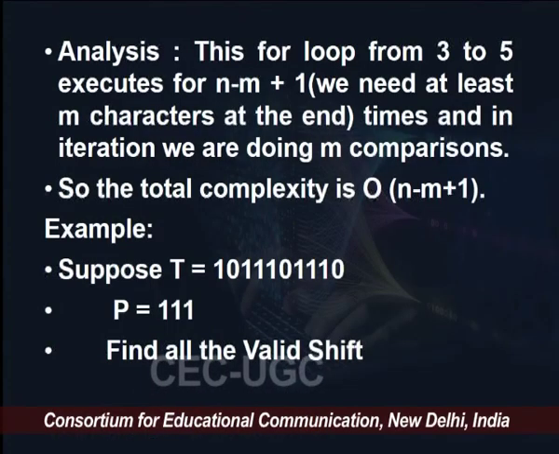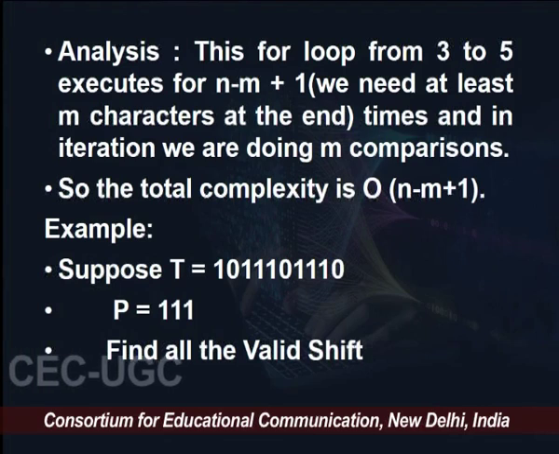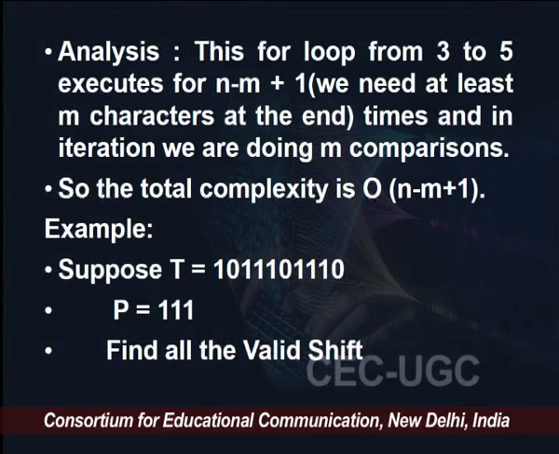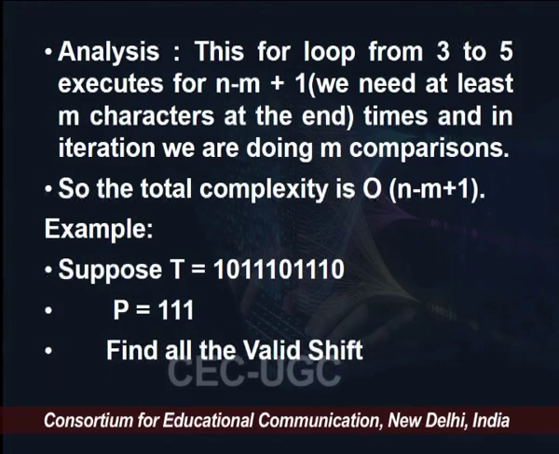So, let us say we have an example in which our text is 1 0 1 1 1 0 1 1 1 0, and the pattern is 1 1 1, and the task is to find all the valid shifts.